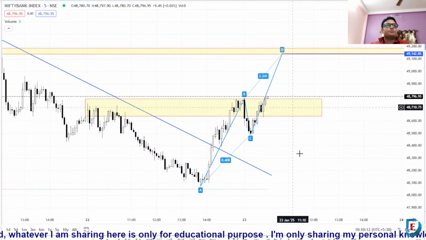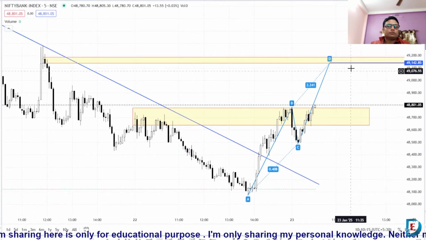Price will now try to move upside towards this point.